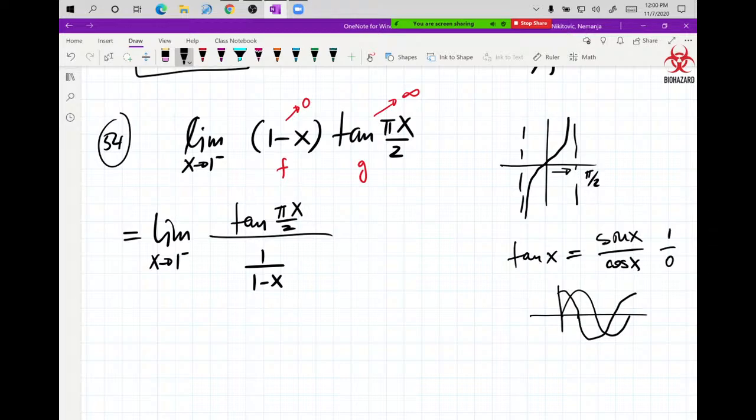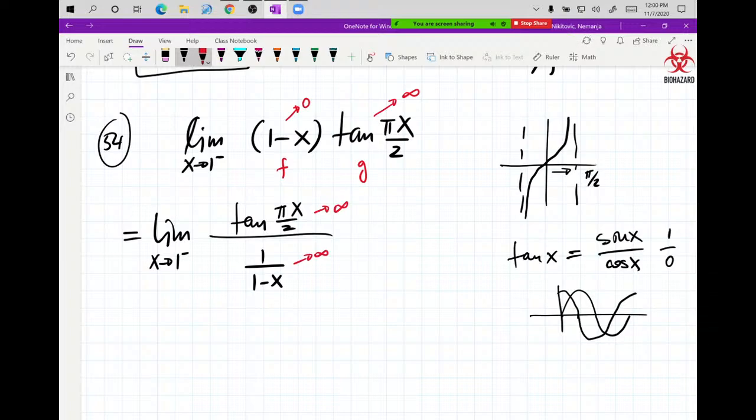Now look at this. The derivative of the tangent is a secant. Oh, by the way, we check again and we get infinity over infinity, right? This one goes to infinity because it's again tangent of pi over 2. Tangent of pi over 2 goes to infinity. Good. And now look at the bottom. You have 1 over 0. 1 over 0 also goes to infinity because you're dividing by 0.